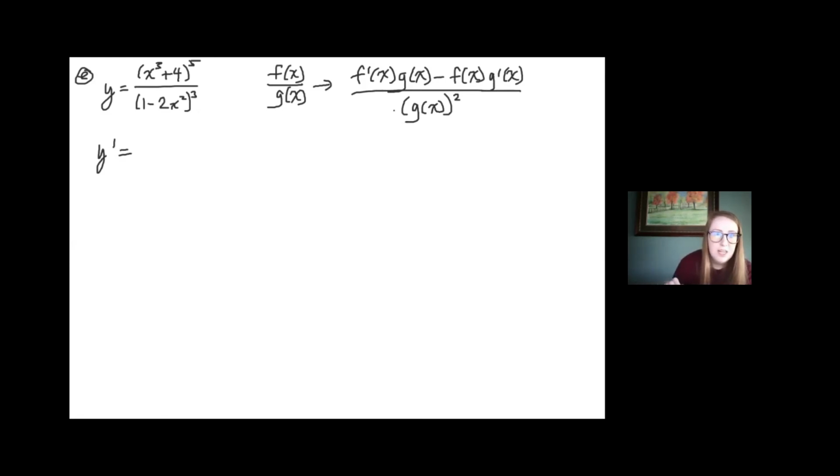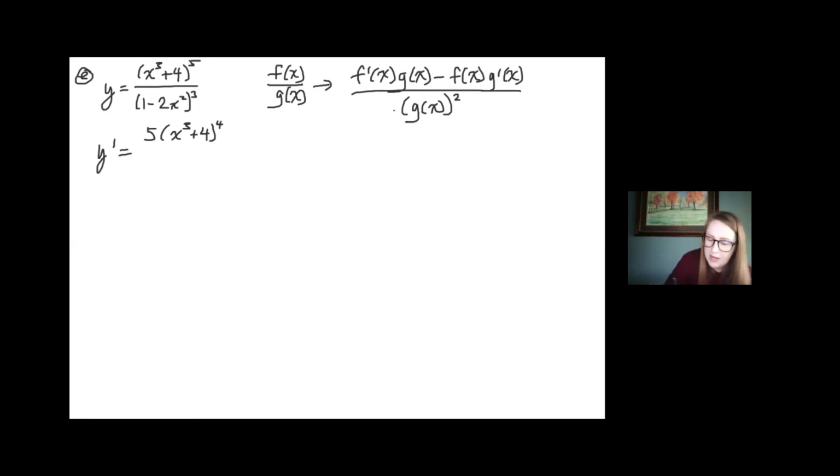So we need to take the derivative of the numerator first, and the derivative of the numerator is a function within a function. So we have to use the chain rule to take the derivative of the numerator. So the derivative of the outside function, that 5 comes down in front. The inside function stays the same. The exponent has 1 subtracted from it.